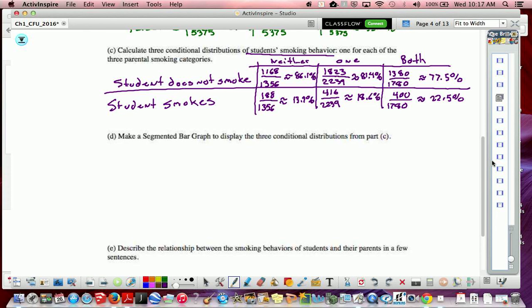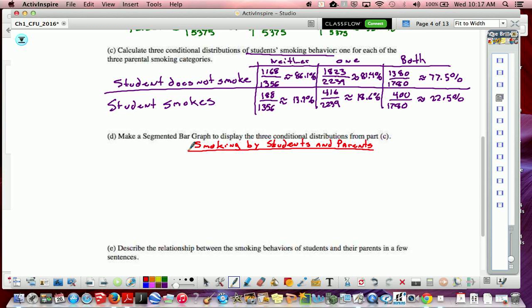So D now says make a segmented bar graph to display the 3 conditional distributions from part C. So again, what we want to do is give a title. So we're just going to write smoking habits by students and parents, because that's what we're talking about here.